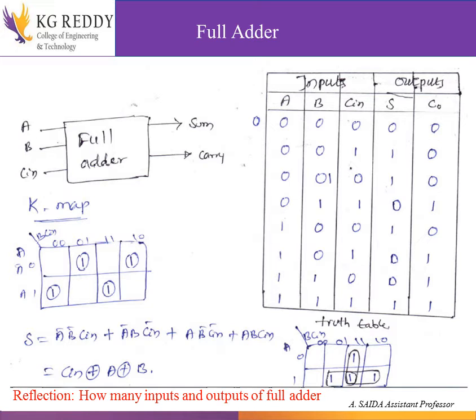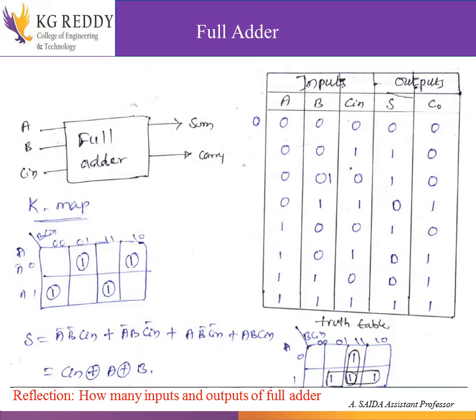The K-map will provide the Boolean expressions for the various inputs of A, B, C. We get S equal to 1 when A is 0, B is 0, C is 1, that is A bar, B bar, C. Also sum 1 for A bar, B, C bar, and for A, B bar, C bar.